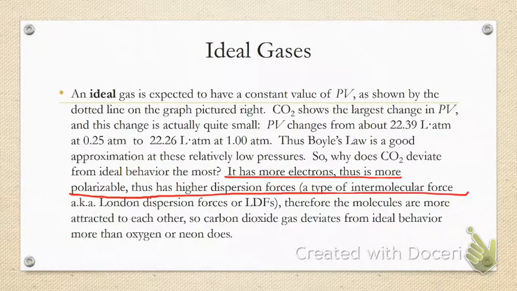We call that being polarizable, which is a new word for y'all. But basically that means for London dispersion forces, the more electrons, the more dipoles are being created, so it has more attraction for each other. That will become way more important when we get to bonding, but I wanted to bring that up here so you've seen this word when we get to it again.